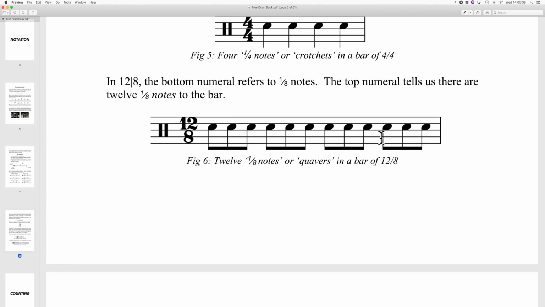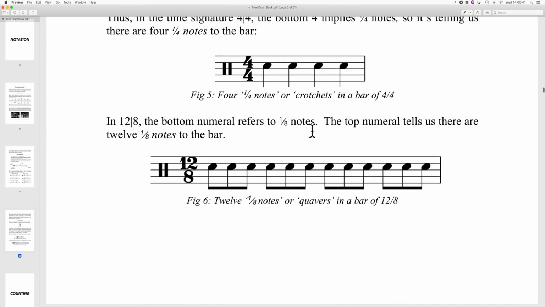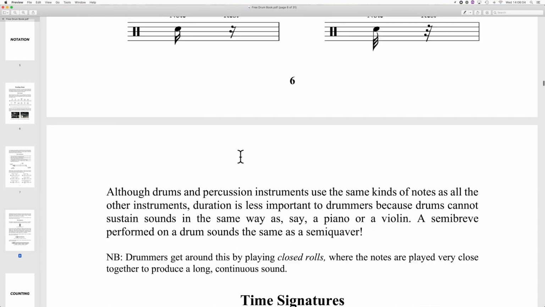So as we go on, we've now got another example. This is a slightly trickier example. This is 12/8, all this stuff down here. So what does 12/8 mean? Well, think about it. It means we've got 12 eighth notes in the bar. And the other name for an eighth note is a quaver, which was talked about somewhere up here.